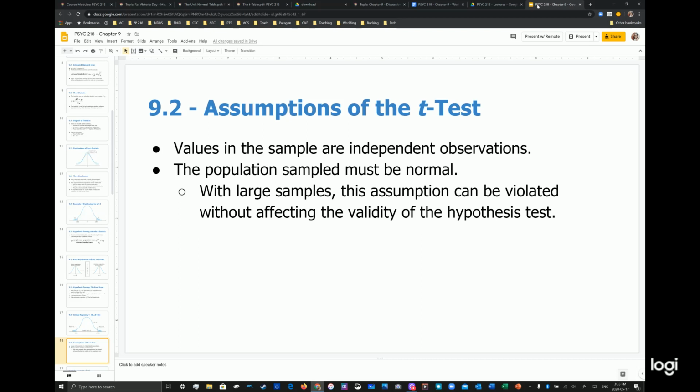So in large samples, again for more advanced courses, this assumption, that the population is normally distributed, matters less if the sample is large enough. So if it's 30 or more or even larger, the population might not be normally distributed where the sample came from, but the hypothesis test could still be valid.